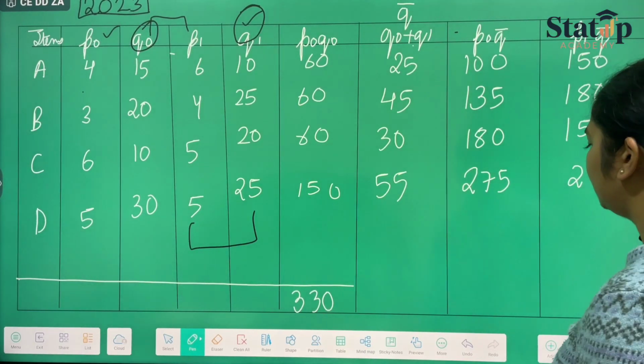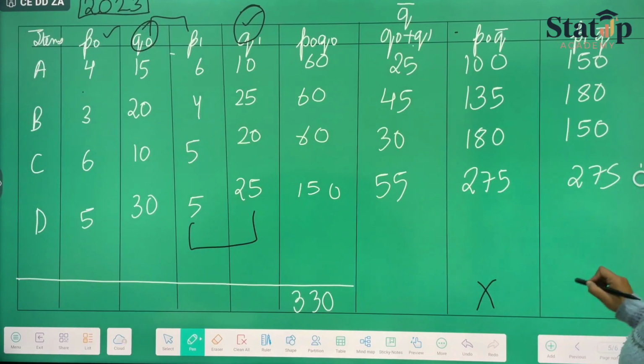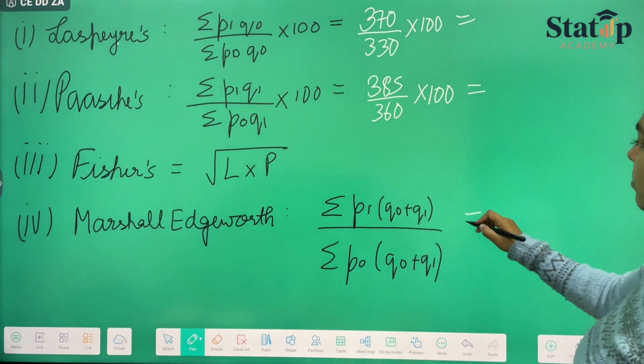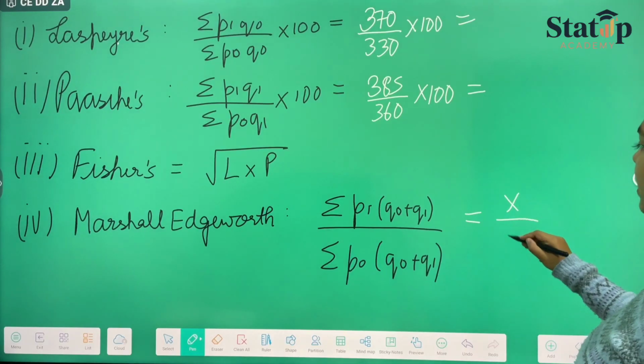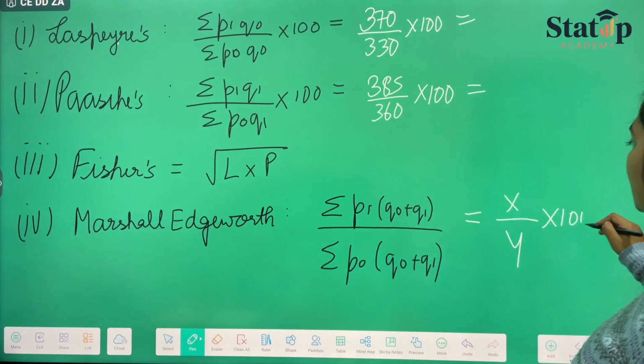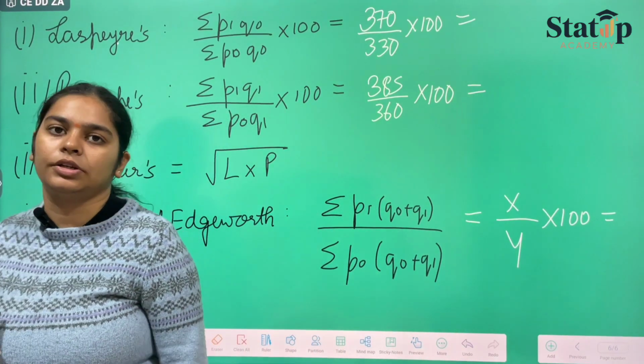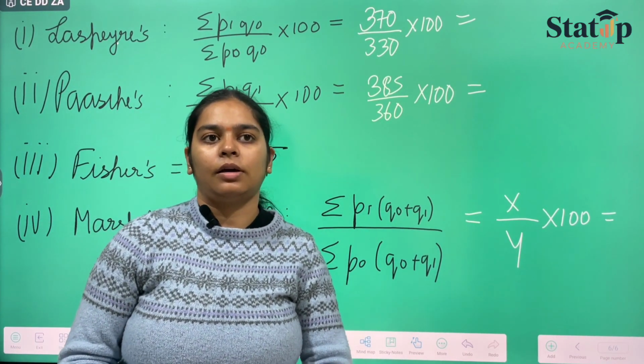If we total them, suppose this is coming as x and this is coming as y, so we can write it here. It is nothing but x upon y into 100 and we'll get the answer. I'm not doing those calculations, and you will answer me in the comment section.